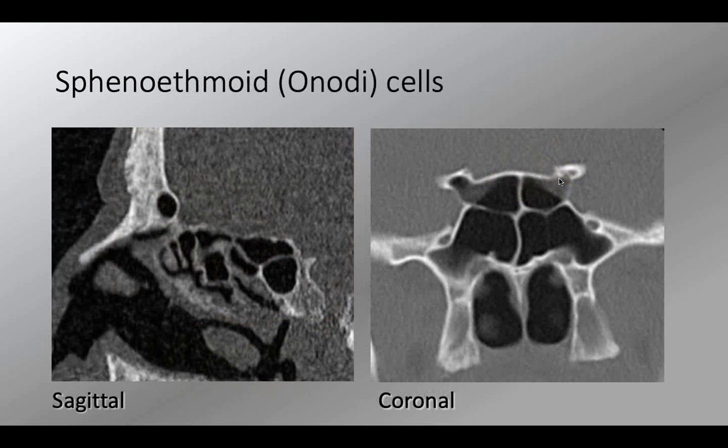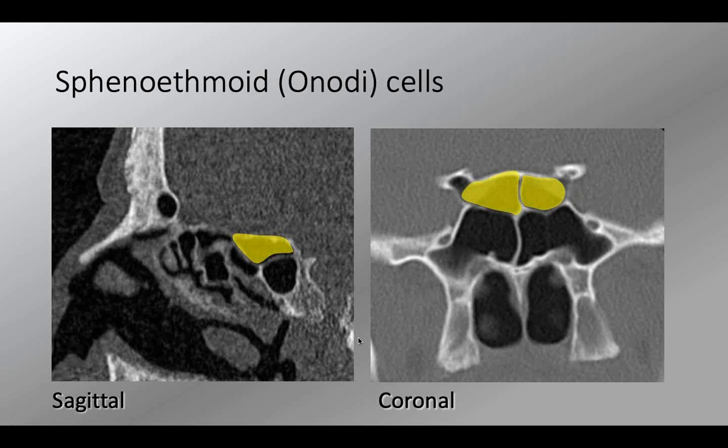Sphenoethmoid cells are posterior ethmoid cells that actually go into the sphenoid bone if the sphenoid sinus develops slowly. On the coronal images, you usually see 4 compartments.